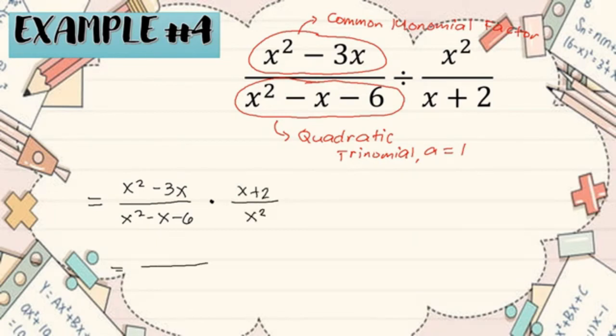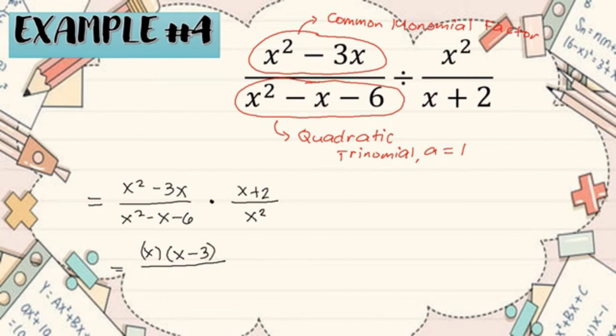In the numerator, we've said that we could factor this out using common monomial factor. Their common factor is x. And x squared divided by x is x, minus 3x divided by x is 3.